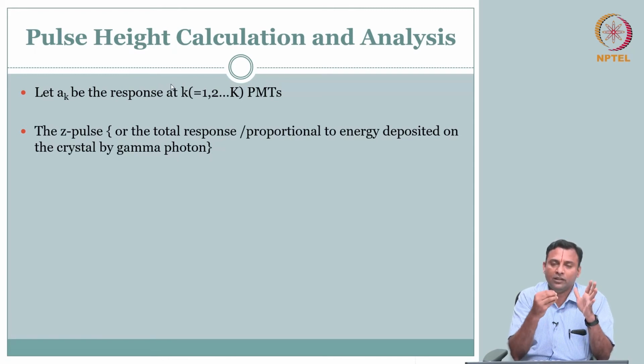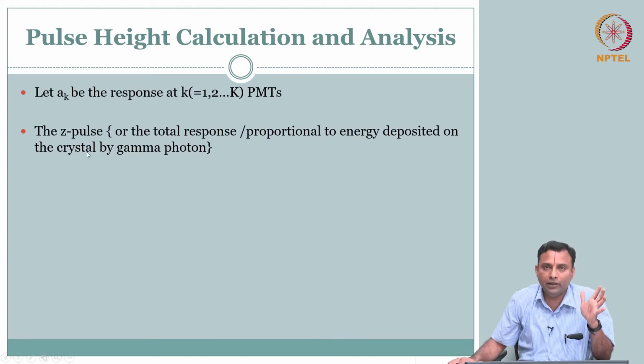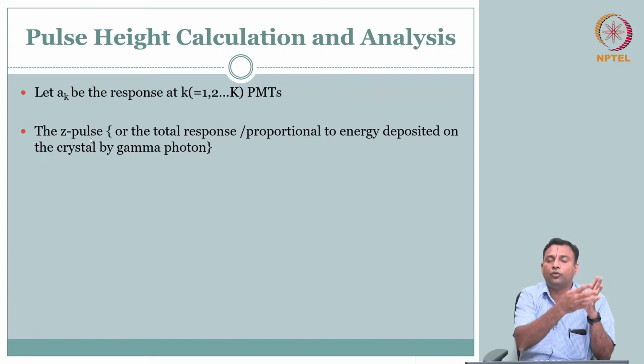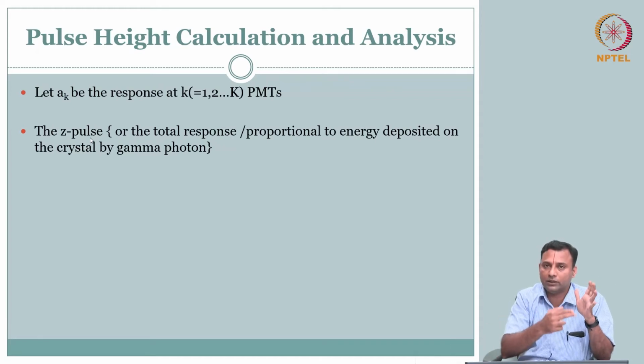The rest of them will also get some, because there is a spread happening, there is Compton scattering. So for each scintillation, several photomultiplier tubes can give output. The maximum output will be from the closest one, but several of them will give outputs. So you sum all of the outputs.